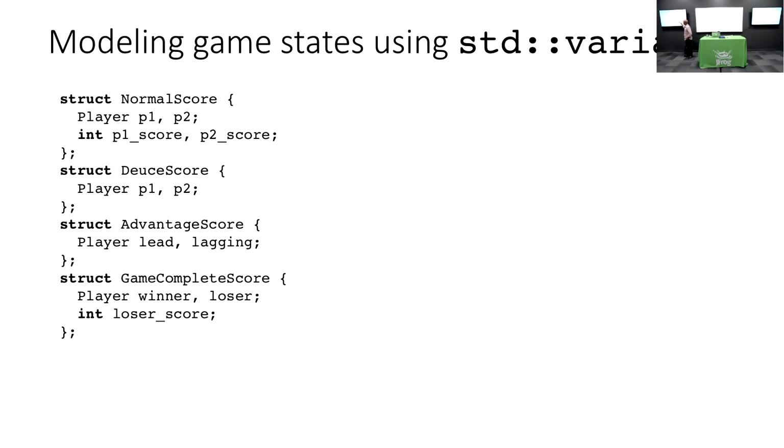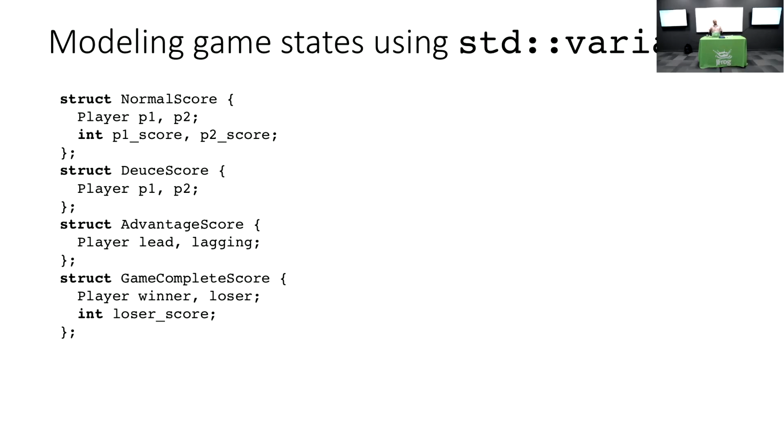Normal score has players P1 and P2, and scores for both players, both integers. For a deuce score, we assume it is 40 all, so we don't keep the score, just players P1 and P2. For advantage score, we only need to know who is leading and who is lagging. And game complete score is just the winner, the loser, and the score of the loser at the point when the game finished.